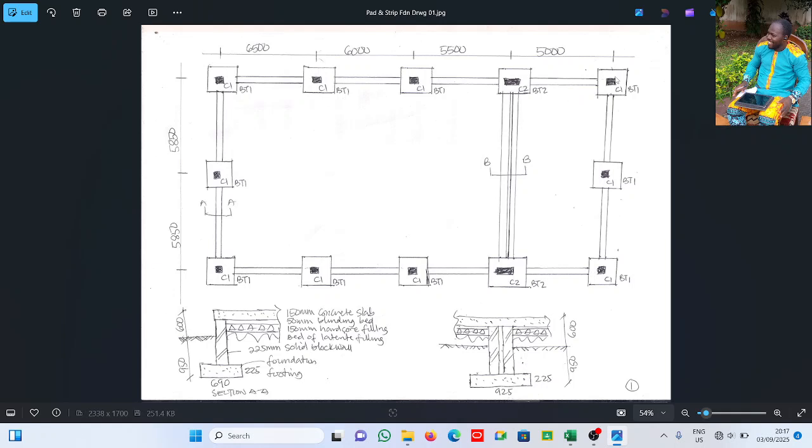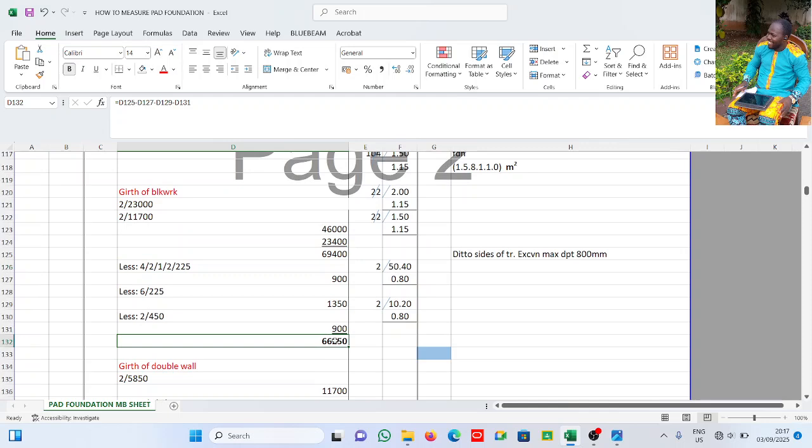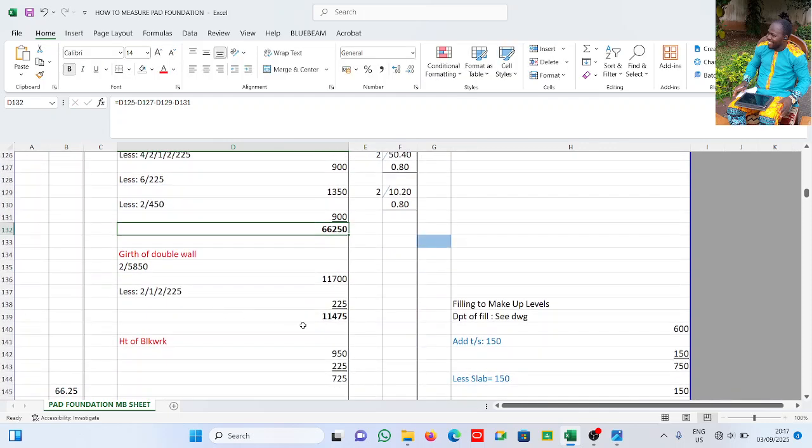The same thing I did in the base. 1, 2, 3, 4. That's the length, and then the width 1, 2, 3, 4. So just what we did in the base is what we're doing. Now this gives us the total length of the single wall. And the double wall also, we did the same thing, but now we are dealing with block wall.